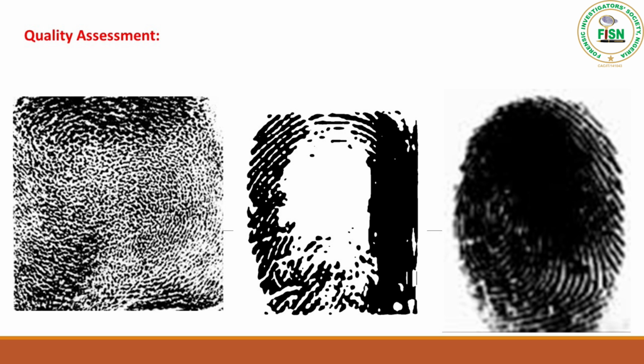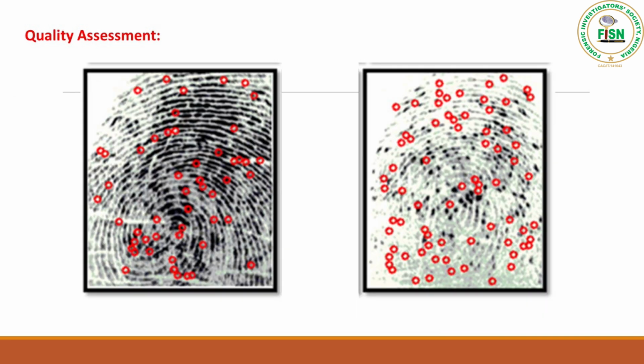Now, if you look at your screen, you see we are still on the quality assessment. The fingerprint on the left hand side is of good quality, but the one on the right hand side is not of good quality. And when we try to mark the Galton points on them, you can see that the points we are able to mark are not the same, despite the fact that the two fingerprints are from the same person.